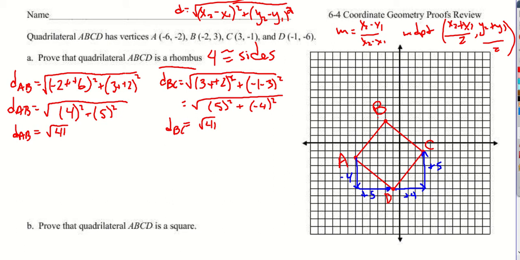All right, so the distance of DC is going to be 4 squared plus 5 squared equals c squared. This is 41. And then the square root of 41 is our answer.